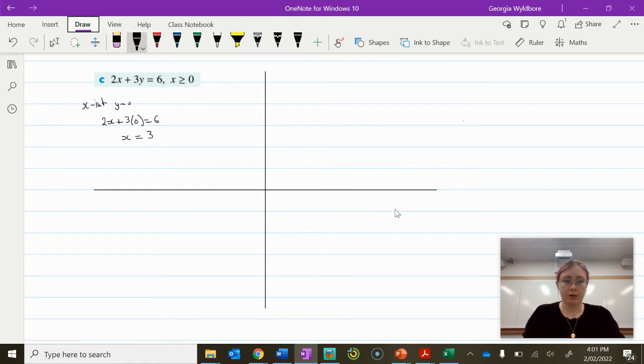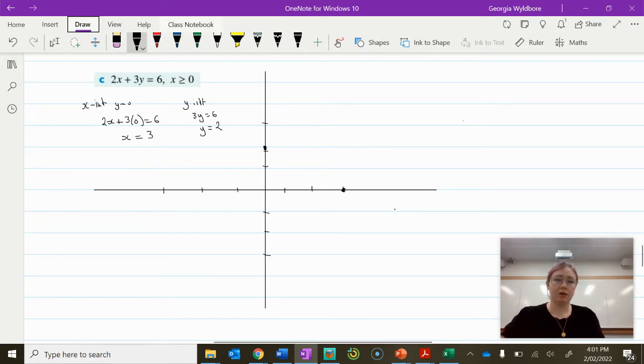So when y is 0, x is going to be 3. And our y-intercept, when x is 0, is going to be 3y equals 6, so y equals 2. When x is 0, y is 2.